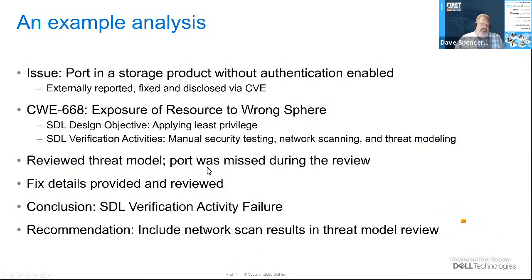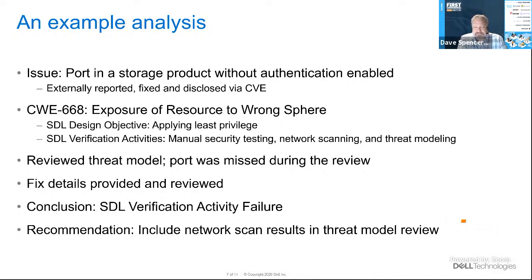So I know I mentioned examples as a problem earlier, but I couldn't let this presentation go by without providing one example. So here's an example of the sort of work that we might do with a specific vulnerability. And this is a real world example. There was a specific storage product that we ran into an issue with that was disclosed to us by a researcher or customer.